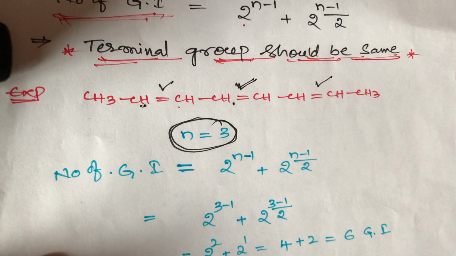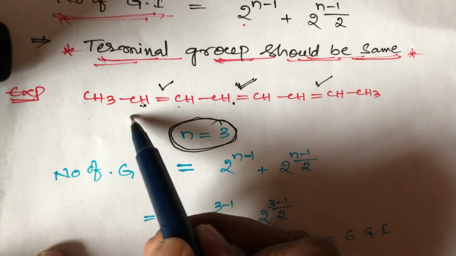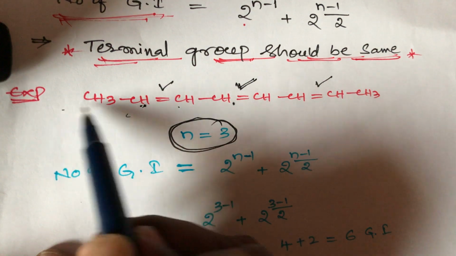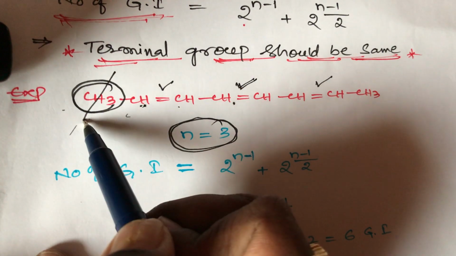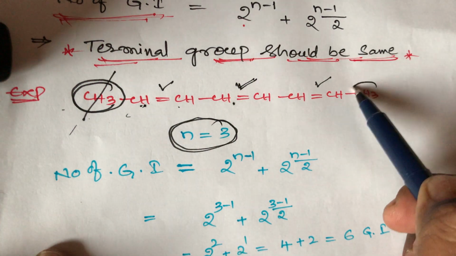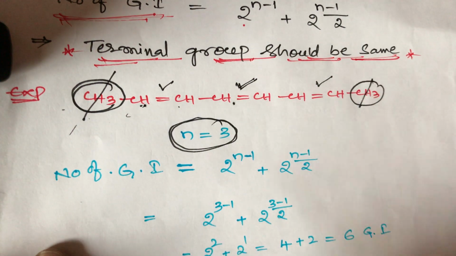One more thing, student: in a symmetrical system, what is the condition? The terminal groups should be the same. Here this is the terminal carbon; on the left side the terminal group is a CH3 group, and on the right side the terminal group is also a CH3 group. Both are methyl groups and are the same.